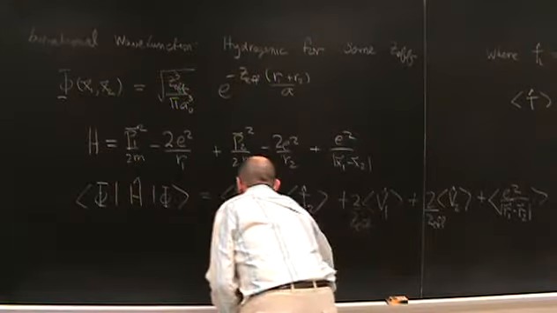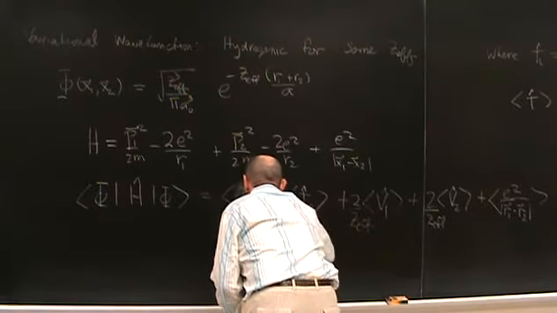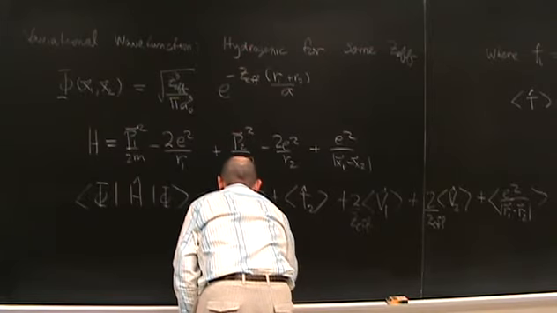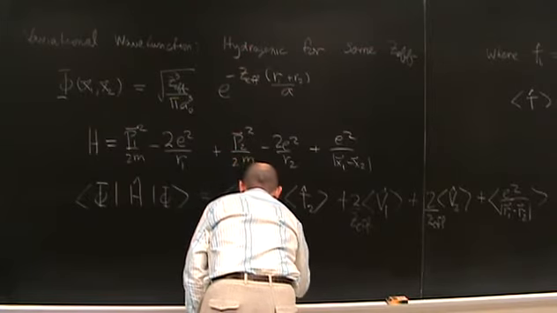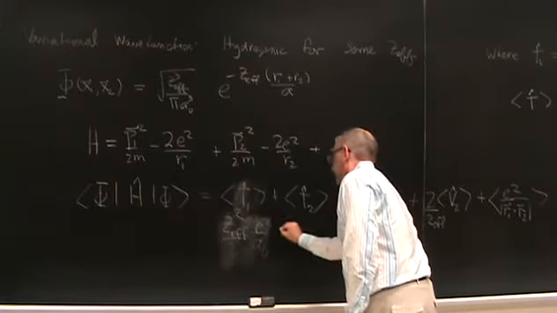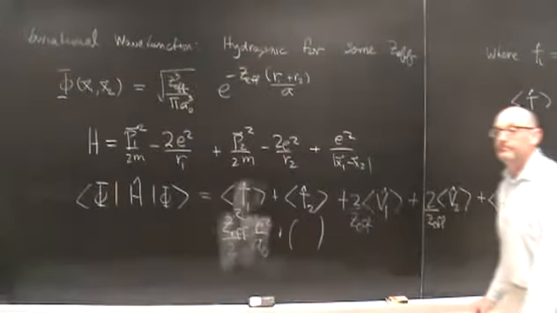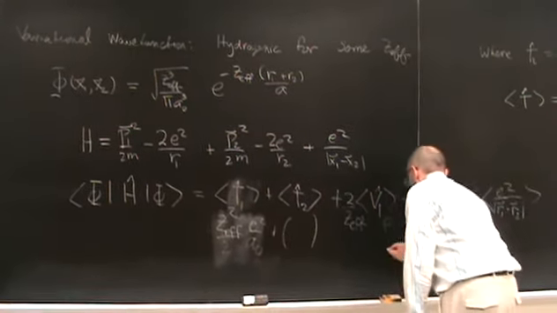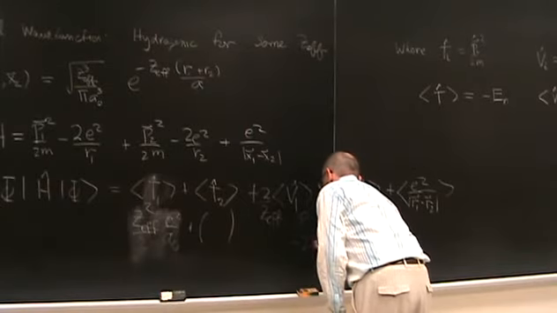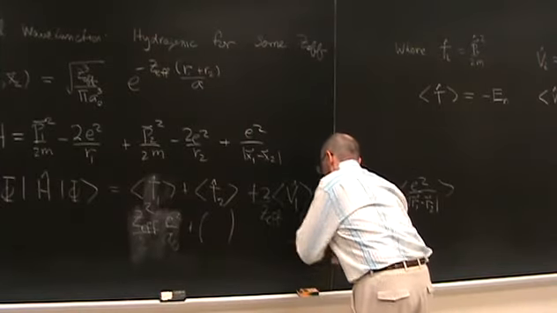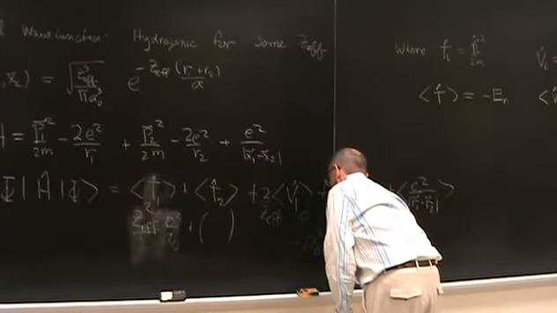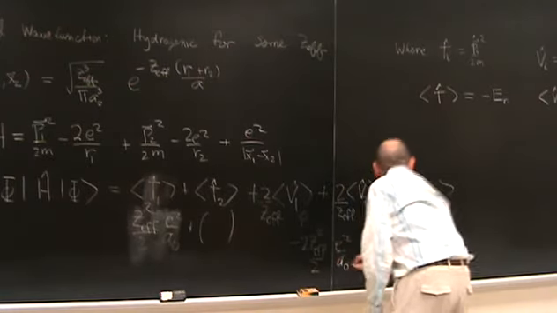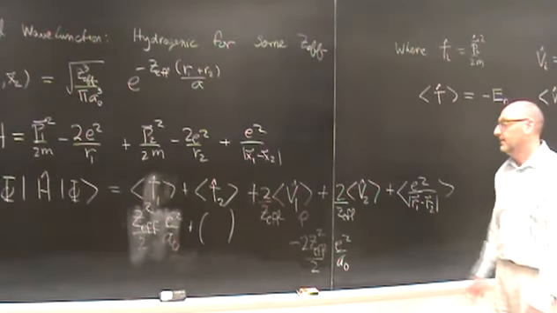Let me write it more cleanly because my handwriting is less than stellar. Same for this. This guy over here is minus 2 Z effective squared over 2, e squared over a naught, from the variational theorem. Same for this.